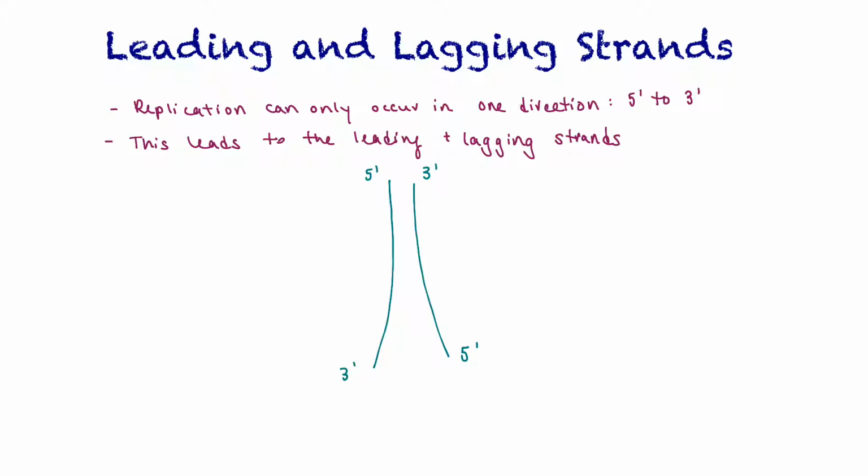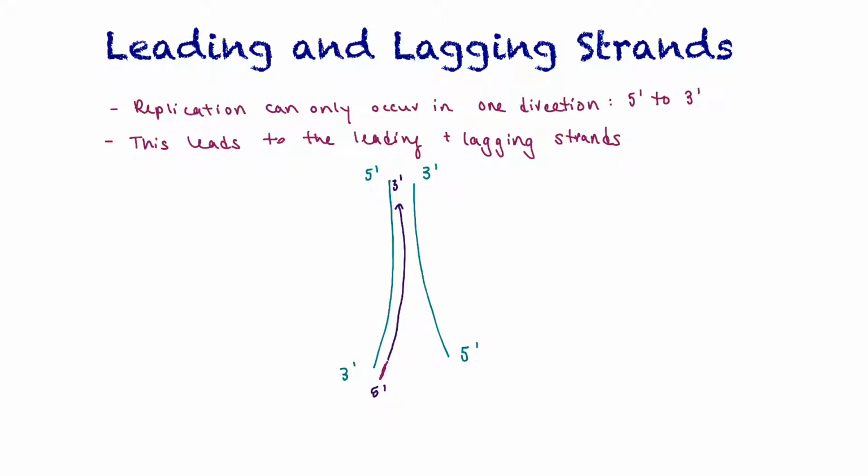So if you take a look here, we have our DNA molecule. It's begun to be unwound, so helicases unzip the strands. And we have one molecule that can be built continuously. So we put our little primer in, and then we can build the leading strand continuously because it's being built in the 5' to 3' direction. So everything's fine.